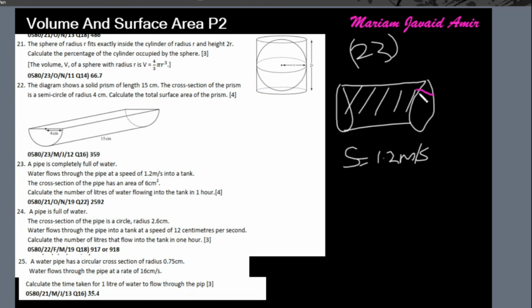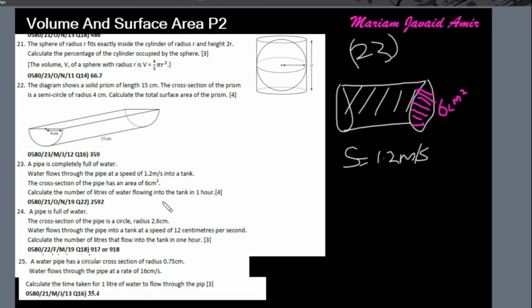A cross section means base area. Calculate the number of liters of water flowing into the tank in 1 hour. So they're asking for the volume into the tank in 1 hour.